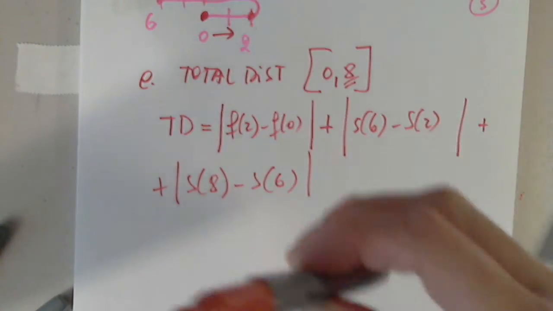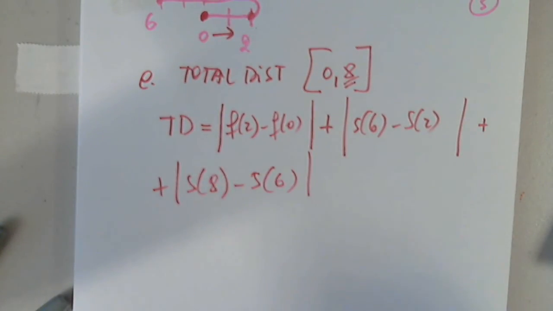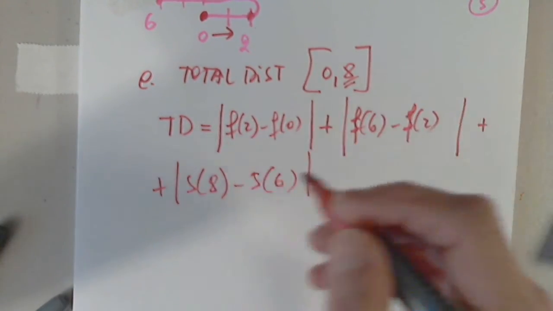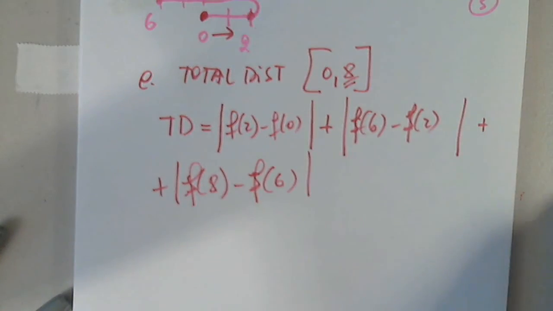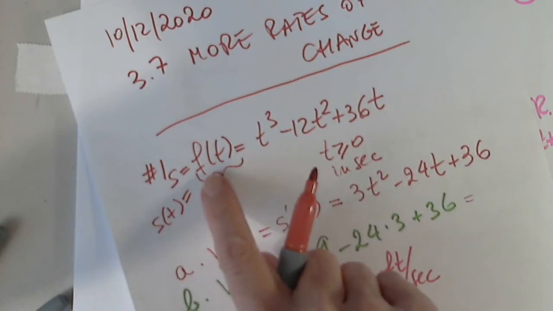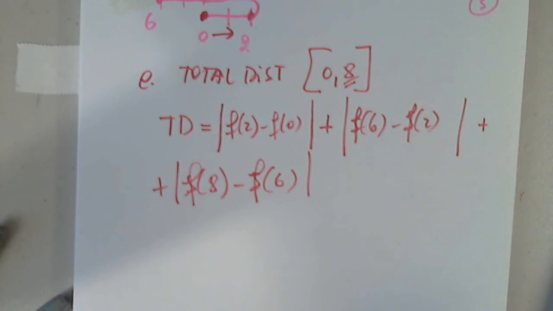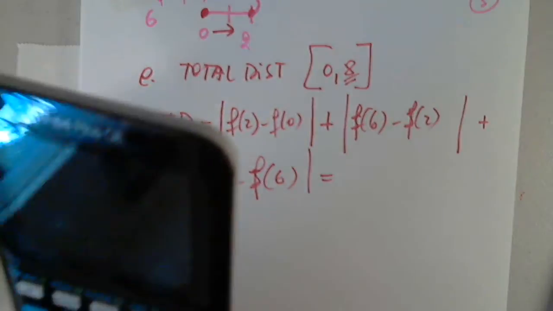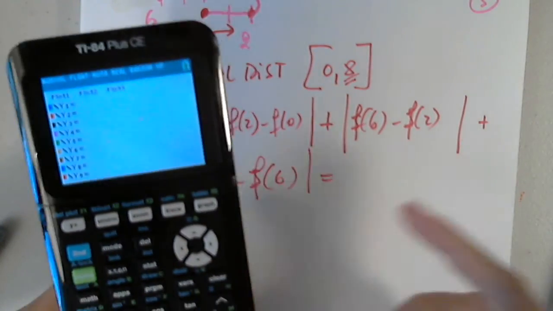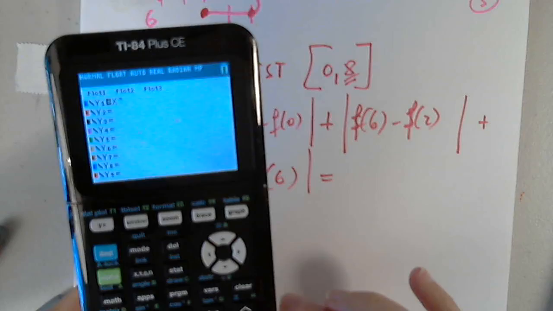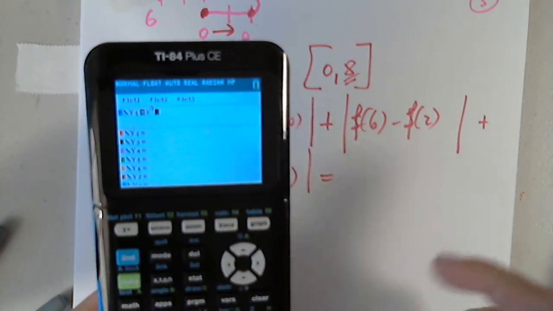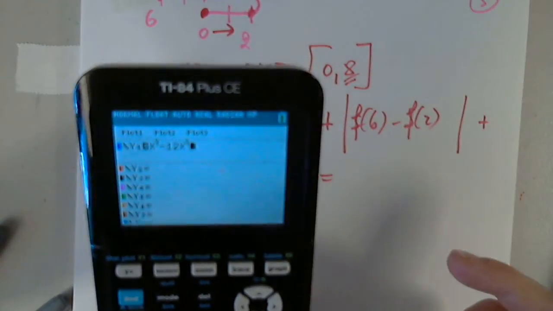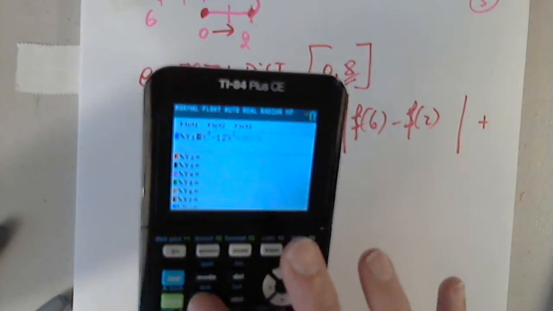So the particle accumulates distance no matter what. Okay, I put F and S. They are the same, but I want to be consistent. We wrote both at the very beginning. Same thing. Okay, so then I will plug them in. I will put in t to the third power minus 12t squared, I don't have t, I have to use x, and plus 36t.